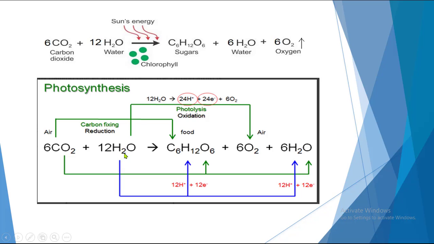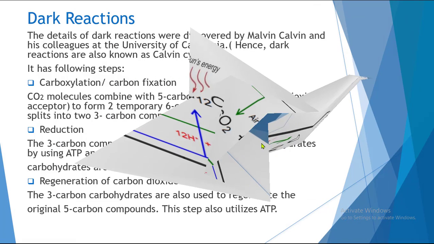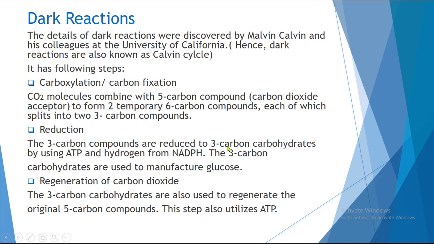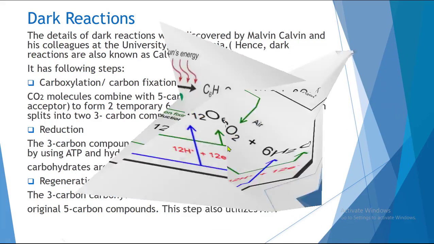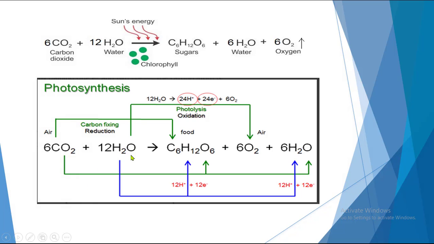Here you can see in the equation that to produce one glucose molecule, 12 water molecules are needed. So when 12 water molecules are utilized, 6 oxygen molecules are released.